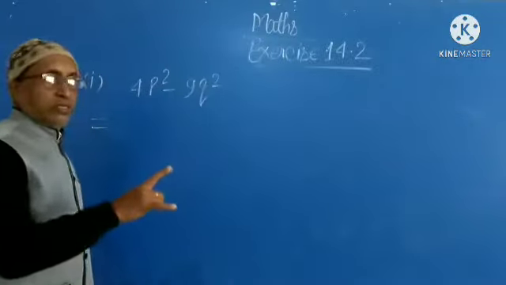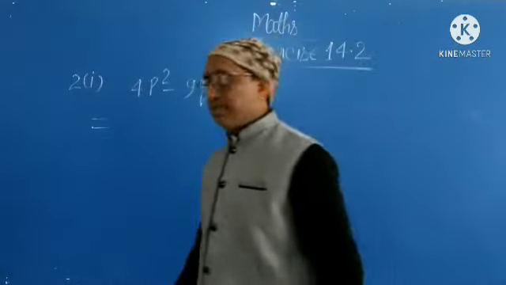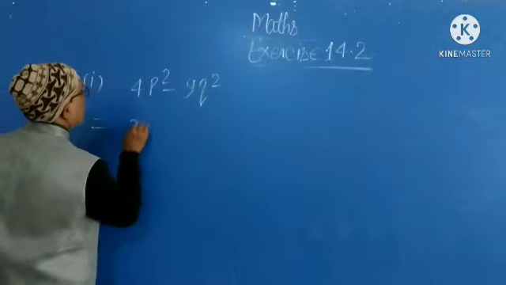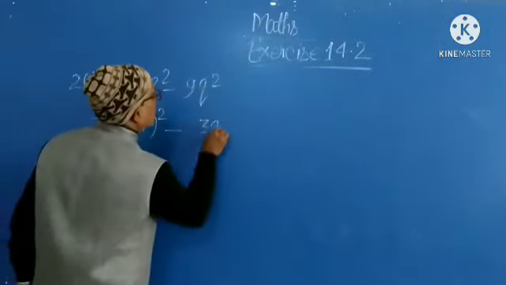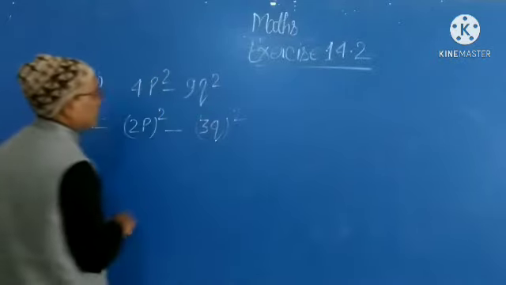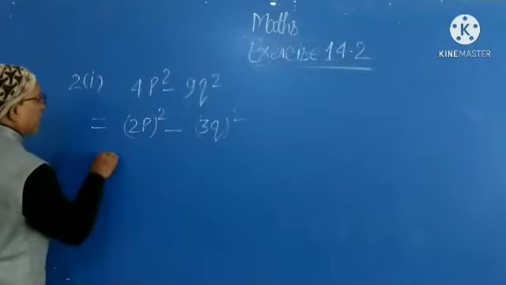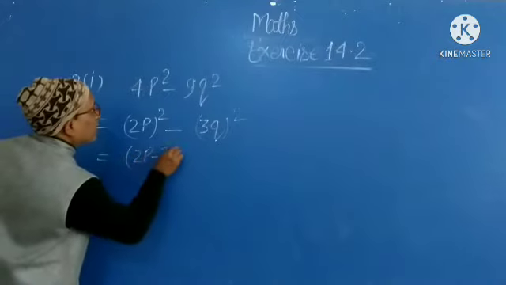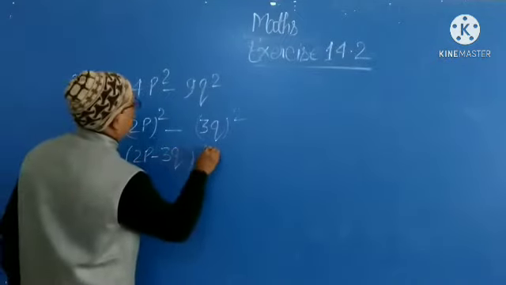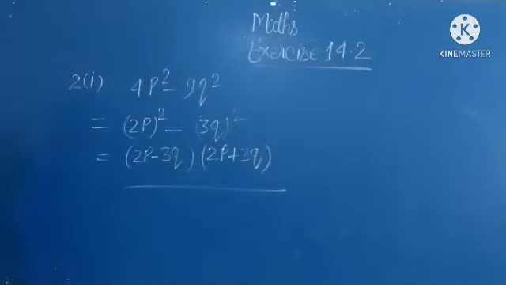Then you use that identity to factorize this expression. Like you write it (2p) whole square minus (3q) whole square. This is a square minus b square. Then you write in the first bracket 2p minus 3q, in the second bracket 2p plus 3q. This is the factorization of this expression.